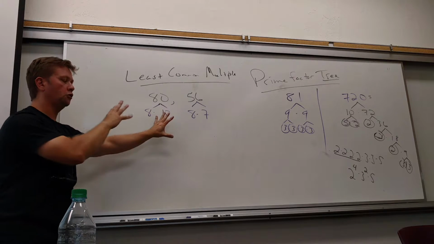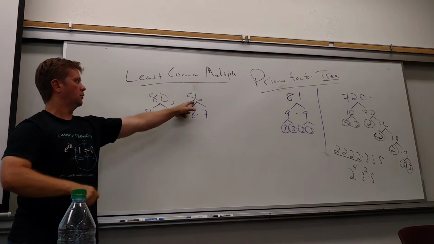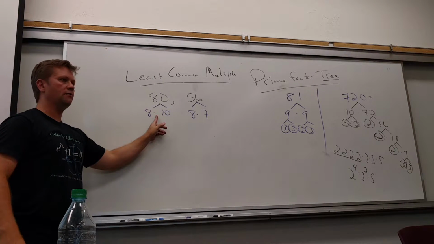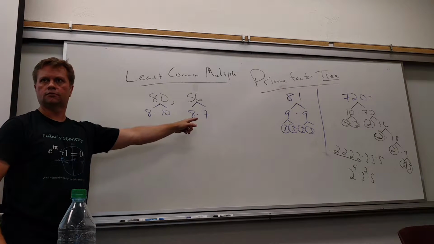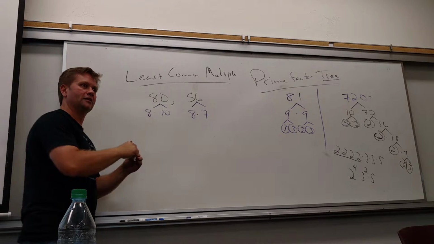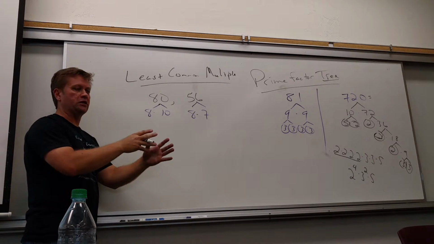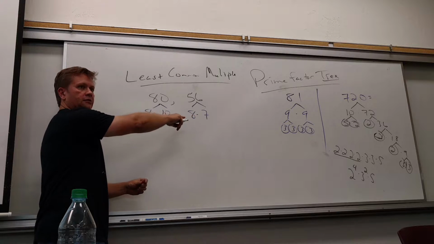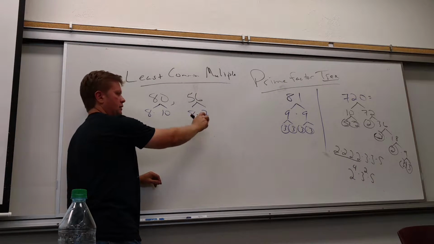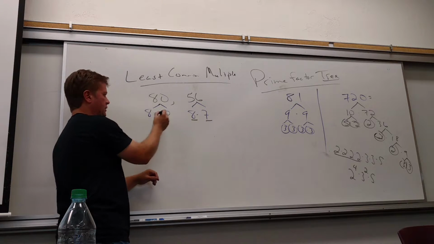So this is a really cool way to do this. If you break up the numbers using the biggest number they have in common, what is this guy missing that he's got? Be very specific. What's he got? He's got an 8 and a 7. He's got an 8 and a 10.